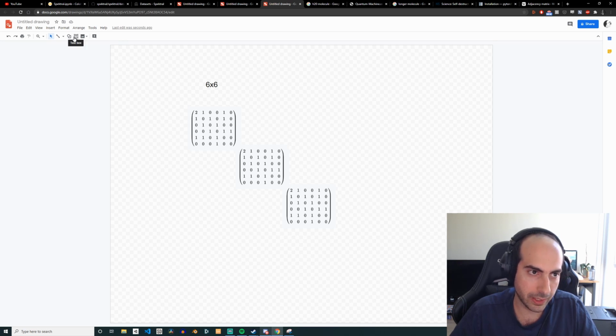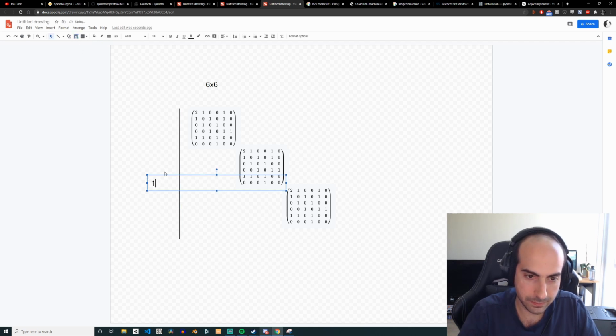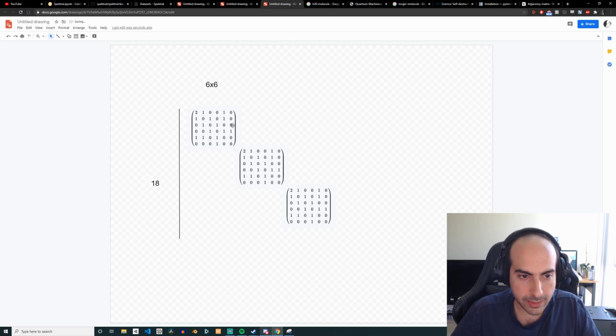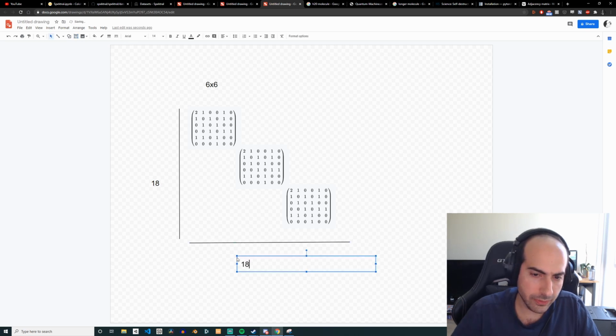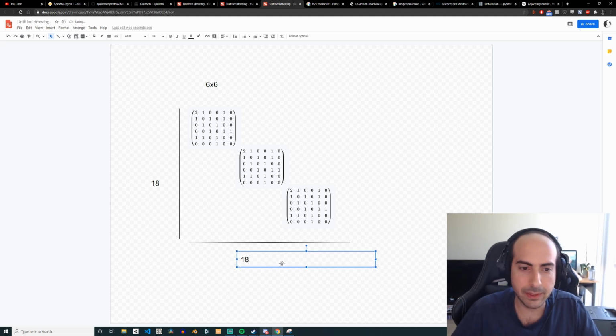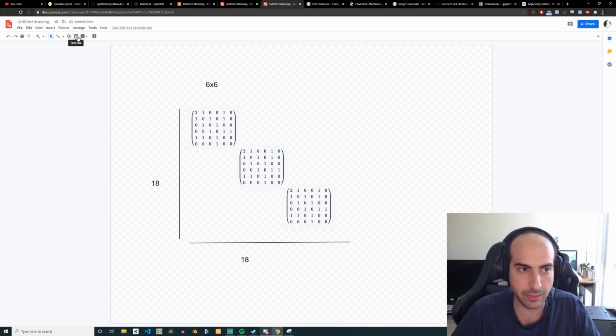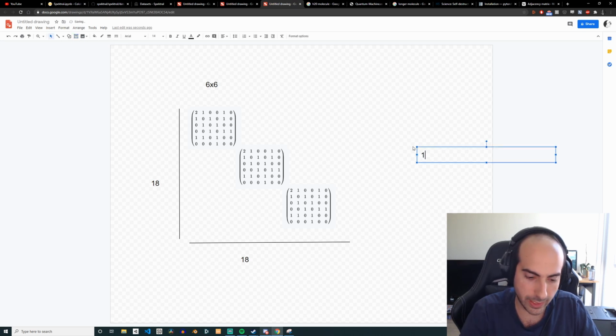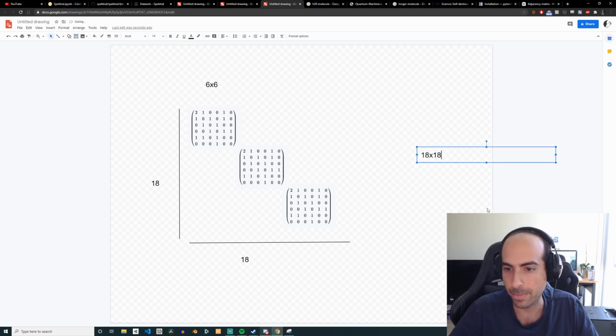This total line here is going to be of length 18. And similarly, this line is also going to be of length 18. So even though we had a couple of graphs, all of a sudden we were able to combine all of these graphs into a single matrix of dimension 18 by 18.